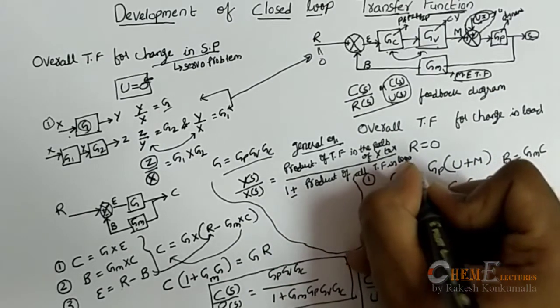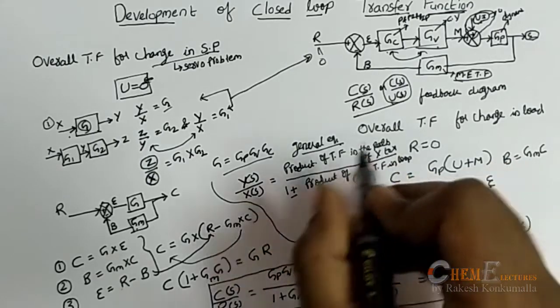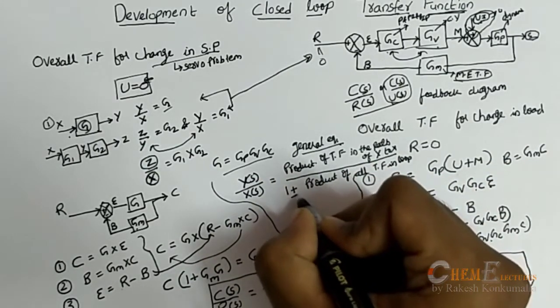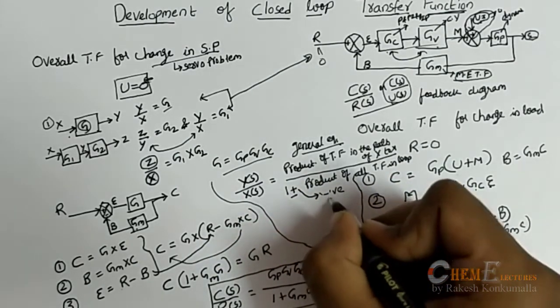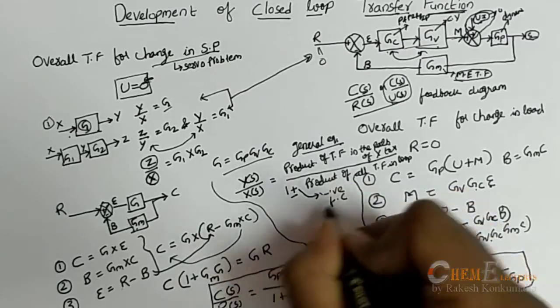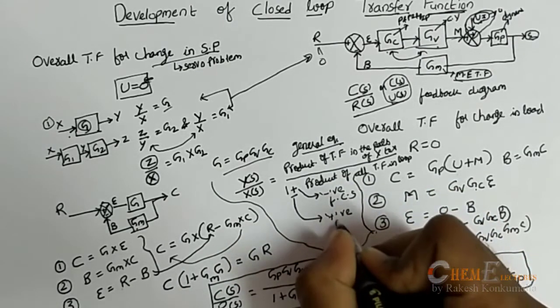That means whatever transfer functions you find in that loop, you just multiply them and give it here. Now here I have mentioned plus or minus. So plus for negative feedback control system and minus for a positive feedback control system.